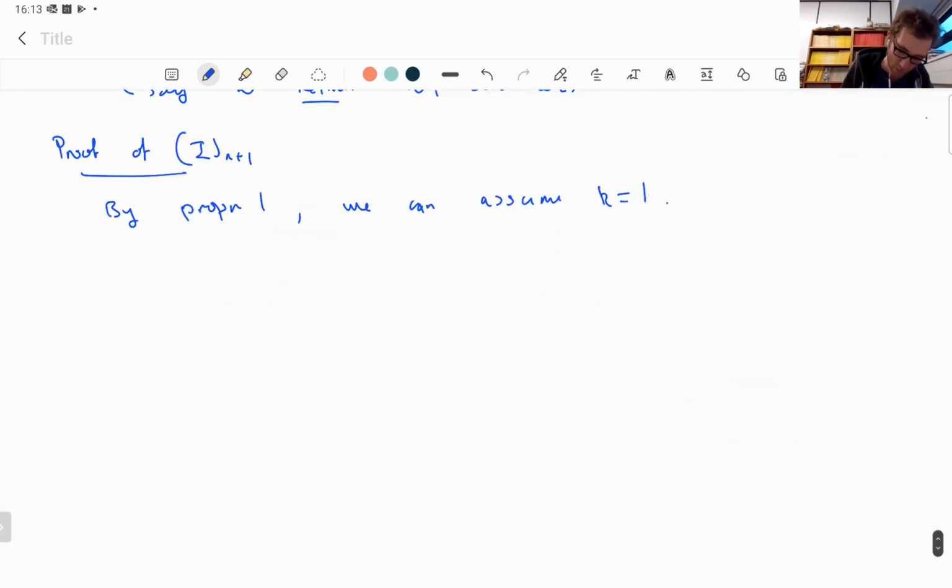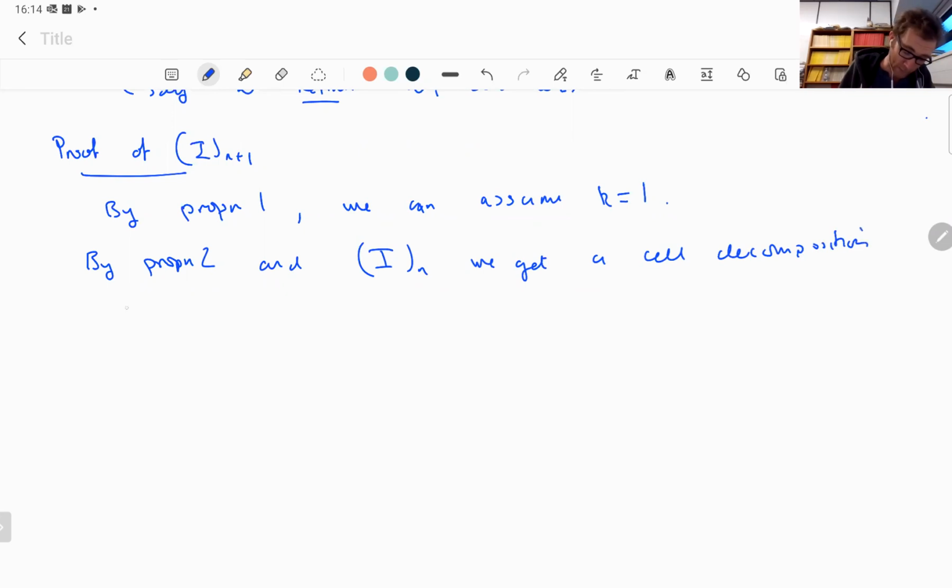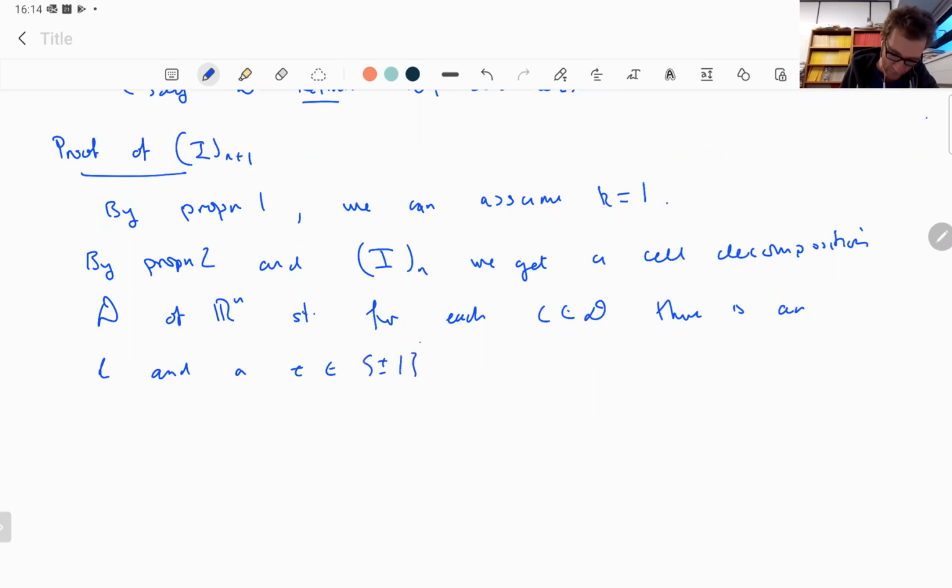So by proposition 2, and cell decomposition in Rn, since we're trying to prove cell decomposition in Rn plus 1, we get a cell decomposition D of R to the n, such that for each cell in the decomposition, there is an L and a type tau such that over each of the points in our cell, our set X has that type.